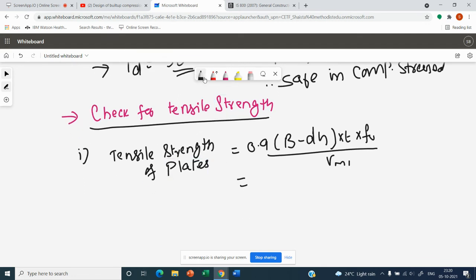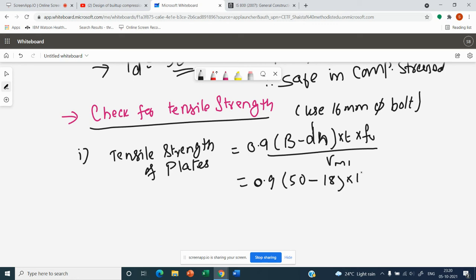So 0.9 into 50 minus, if you use 16 diameter bolts, the diameter of hole will be 16 plus 2. So 18. It's D suffix H, it's not D into H. Okay. Into thickness of plate was 12 mm.